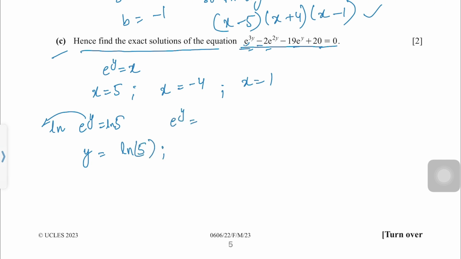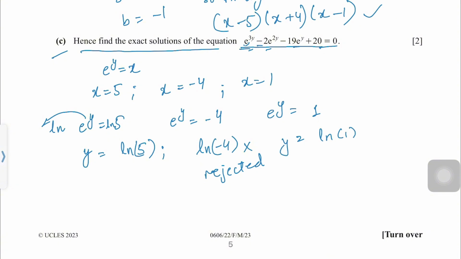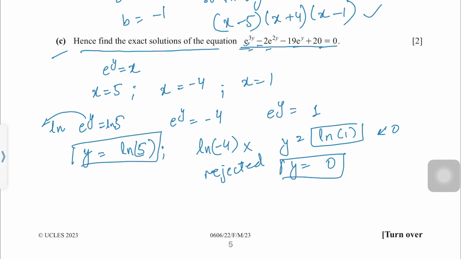Then e power y is equal to -4, and ln -4 doesn't exist, so we'll be rejecting it. Then e power y is equal to 1, so we'll be using ln 1 is equal to y, and then y is equal to 0. ln 1 is 0. So these are our final answers. y is equal to ln 5 and y is equal to 0.